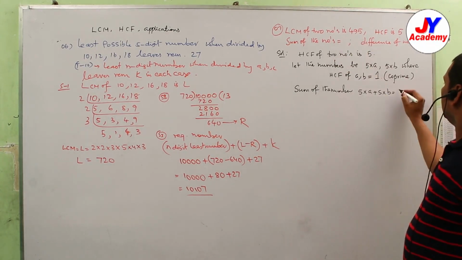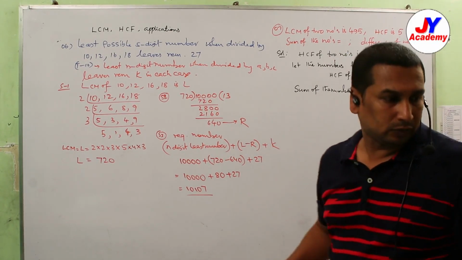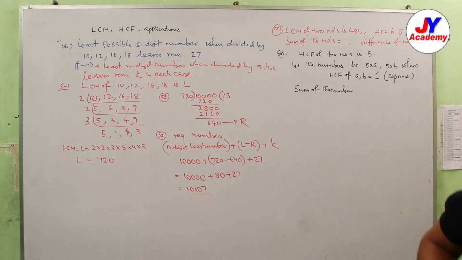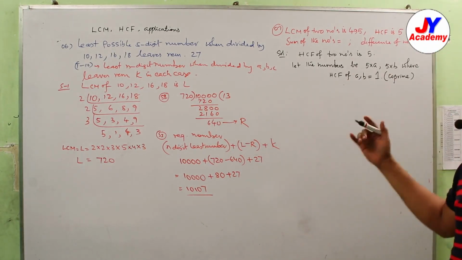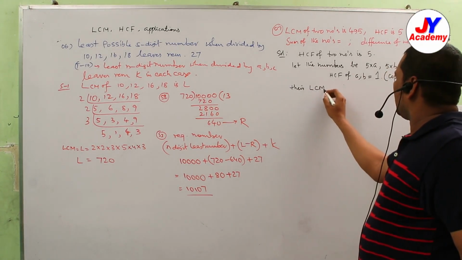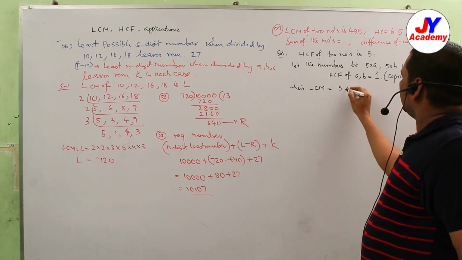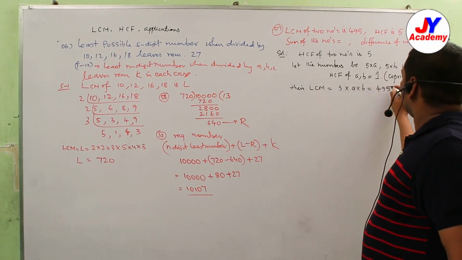Okay, we'll take that. Now, what is the LCM? If the question is not given properly, how do we do it? If we find all possible pairs, then we'll get it easily. Their LCM is 5 into A into B, which is equal to 495.